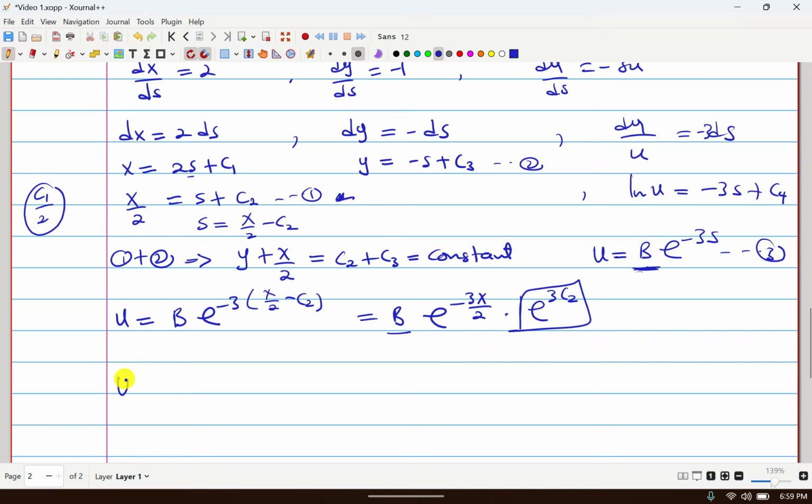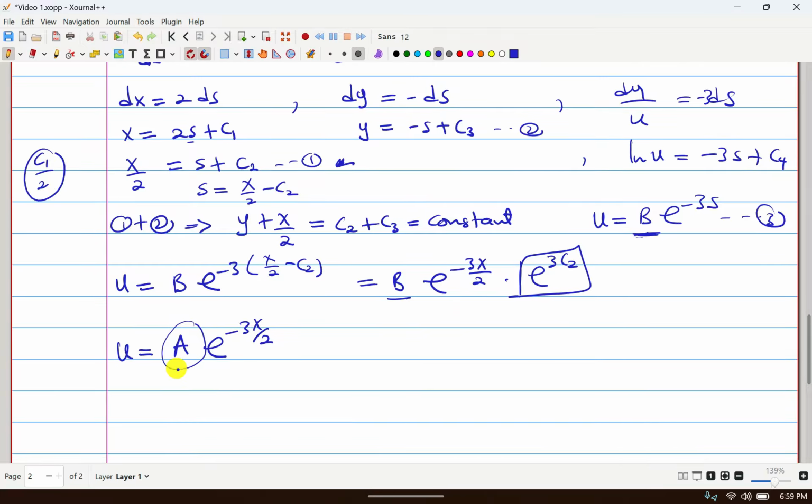But like I said, in a PDE, this final constant is actually supposed to be an arbitrary function, not just a constant. That arbitrary function is supposed to be a function of the constant that we had, and in the addition of equation 1 and 2, it gave us a constant. Normally that's what we do: we get the constant, and in our final answer we replace it with an arbitrary function of the constant expression.